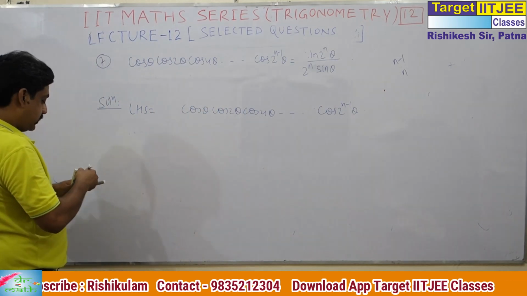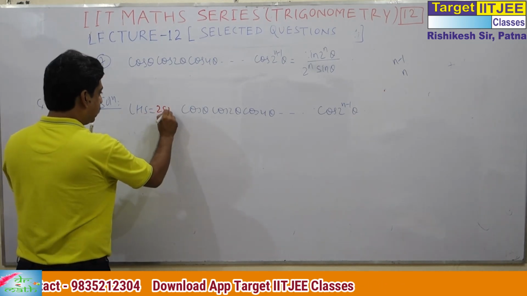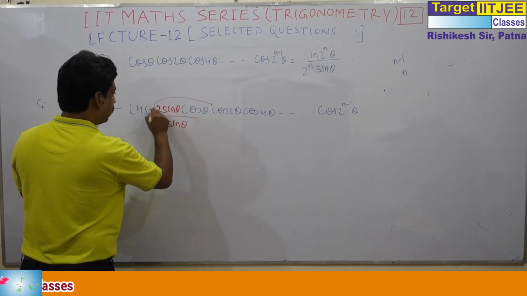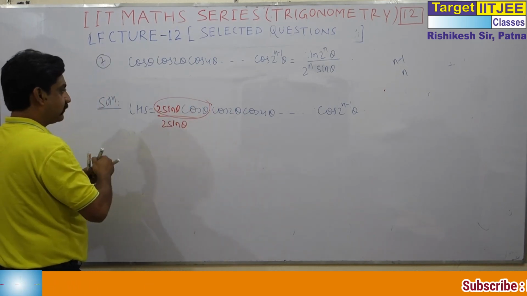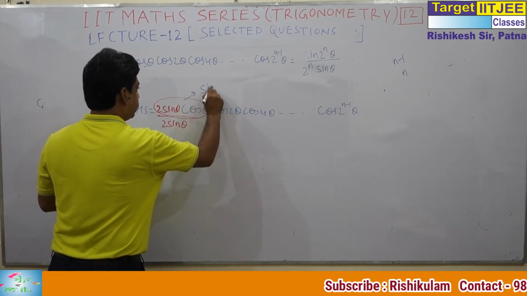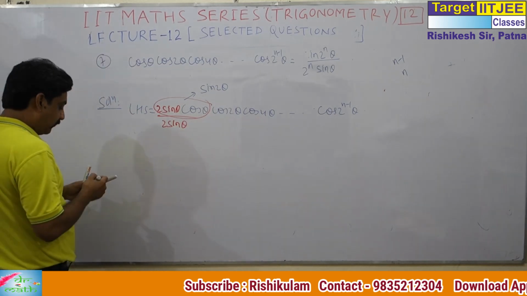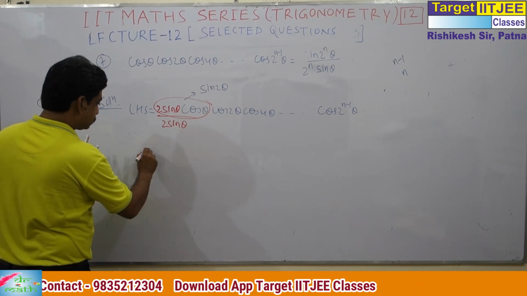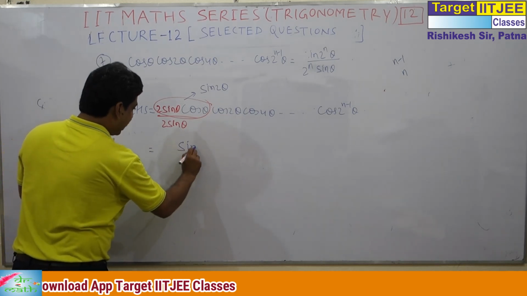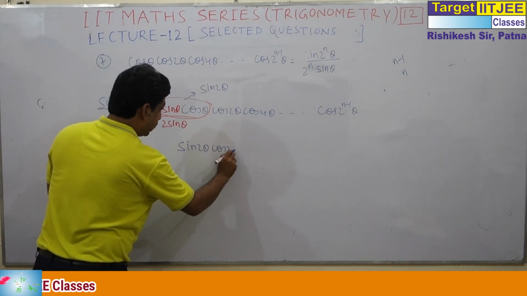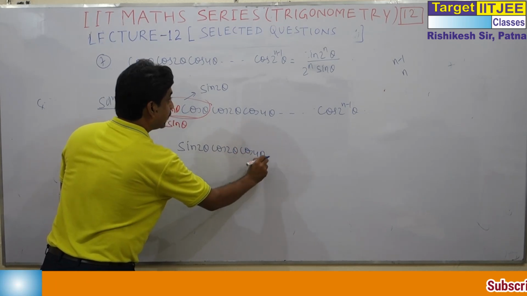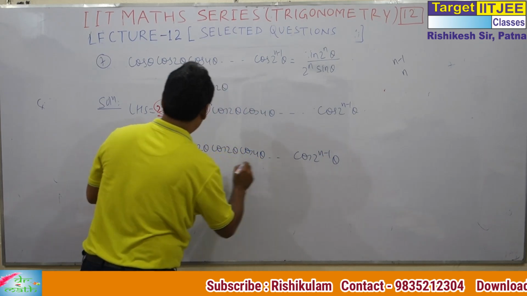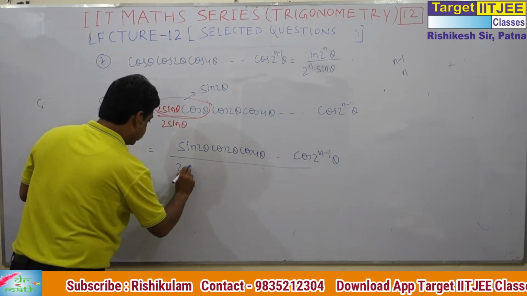What do we do? We multiply by 2 sin theta. What will it give? It will give sin 2 theta. Then we do what? We multiply again by what? This is sin 2 theta, cos 2 theta, cos 4 theta, up to cos 2 to the power n minus 1 theta, multiplying 2 sin theta.